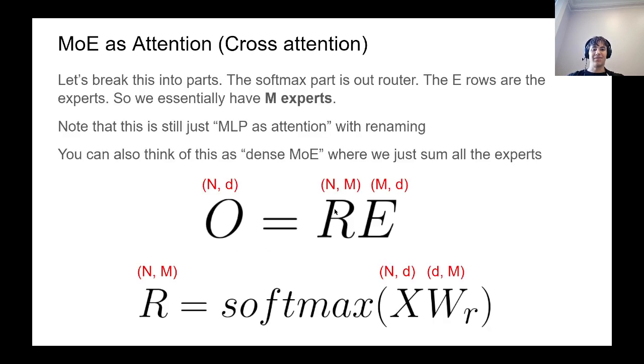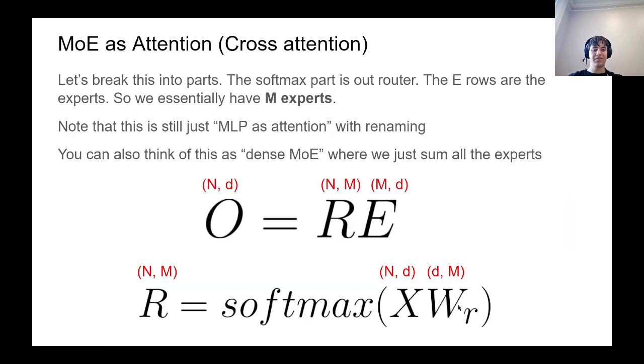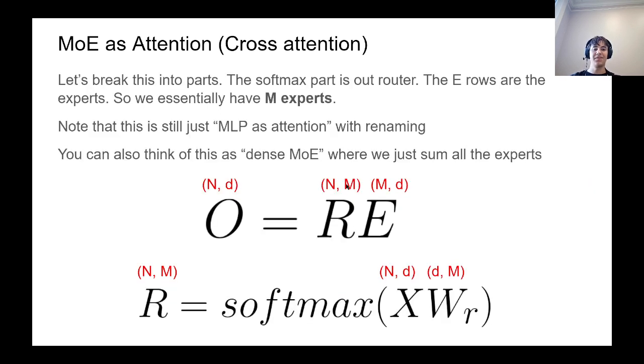Now I'm going to define this part here as R. R is equal to the softmax of this, and this is essentially our router. Again, this is an MLP, where this is our inner dimension, so our up projection, and this is our down projection for D. You can think of this as M experts in a way, like a dense MoE, and this is just a sum of all the experts.